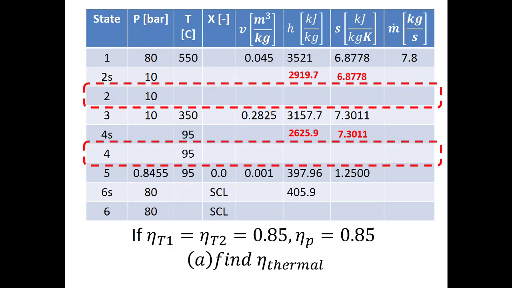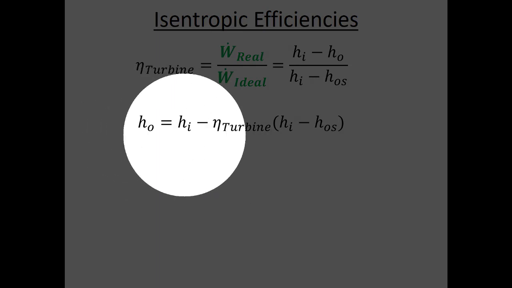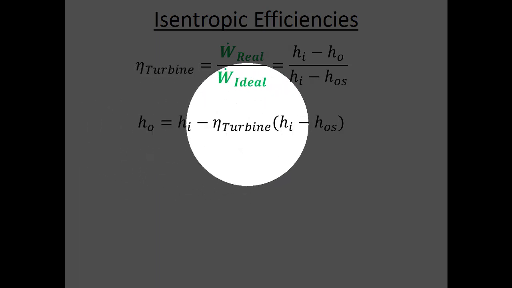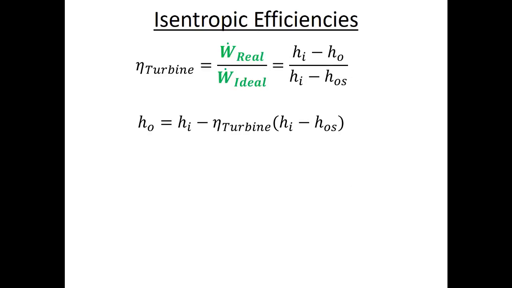So now what do I want to do? I want to get the real outlet of both turbines. So I'm going to do this in parallel as well. It's going to be the same equation. We already derived the equation from the definition of isentropic efficiency for turbines, that H of the real outlet is going to be H in minus the turbine efficiency times H in minus H out of the isentropic turbine.